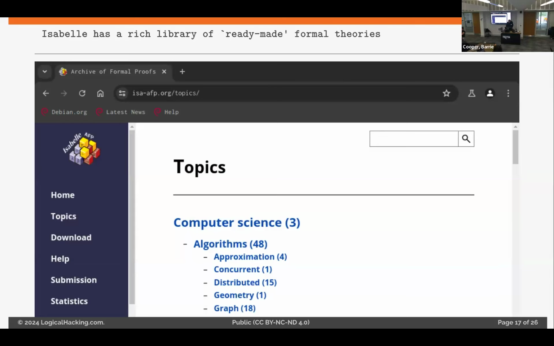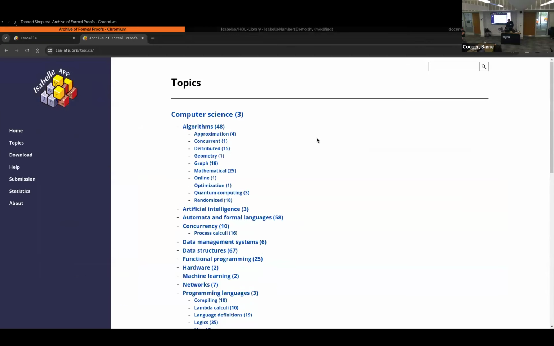The Isabelle community is pretty proud of something called the Archive of Formal Proof, or AFP for short, which I would informally describe, for those of you that have implemented something in Python, for example, as PyPI for Isabelle, a large repository with formalizations that you can download and reuse or build your own formalization on.